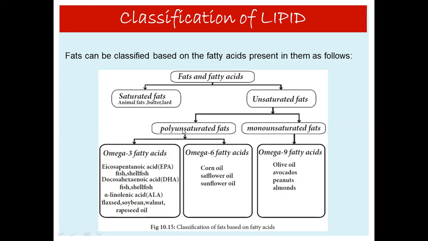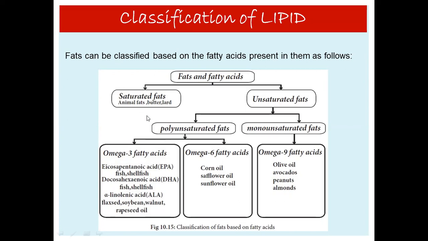Unsaturated fats can be of two types, polyunsaturated fats and monounsaturated fats. If the number of carbon-carbon double bonds present in the structure is 1, then it is called monounsaturated fats. If it is more than 1, multiple carbon-carbon double bonds are present, that is called polyunsaturated fats.